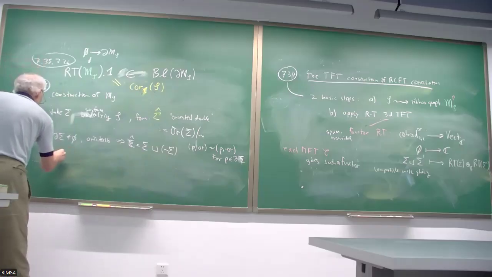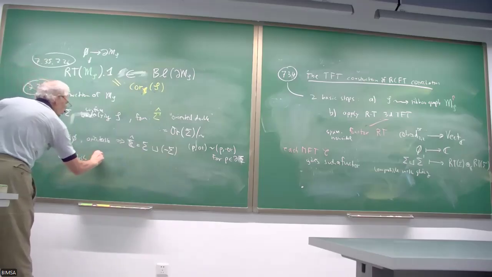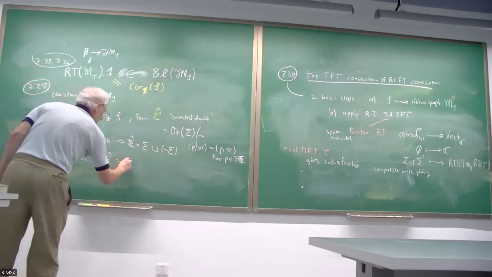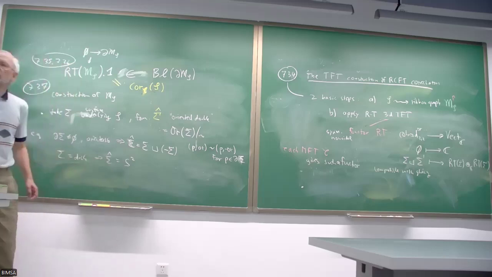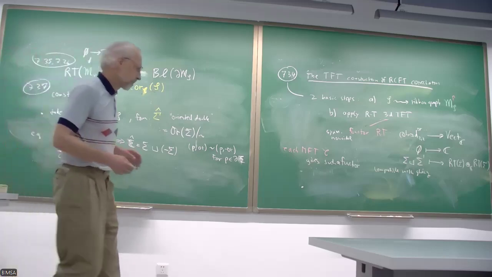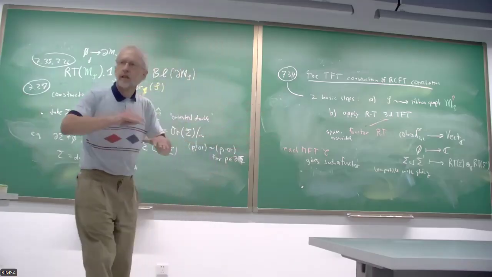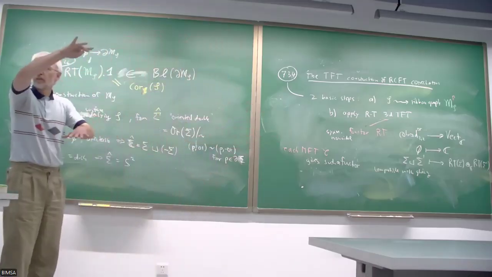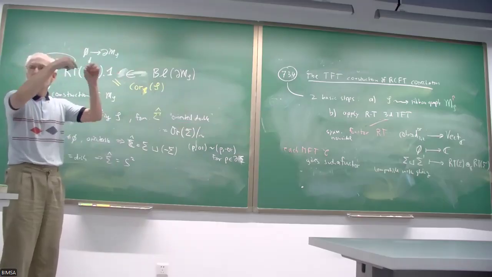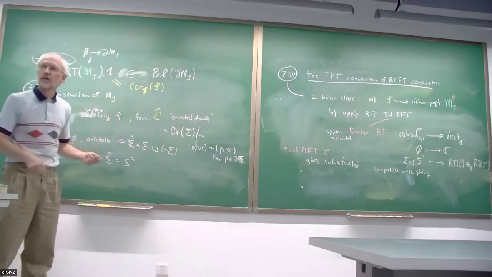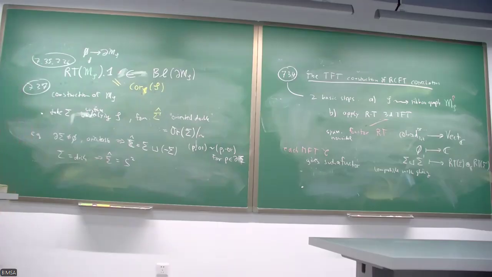Or another example: if sigma is a disk, then sigma hat is actually a two-sphere. I take a disk, two copies of it, and I identify the boundary circle, so I get something which topologically is a two-sphere, not geometrically, but one can deal with that. So that we do not need.